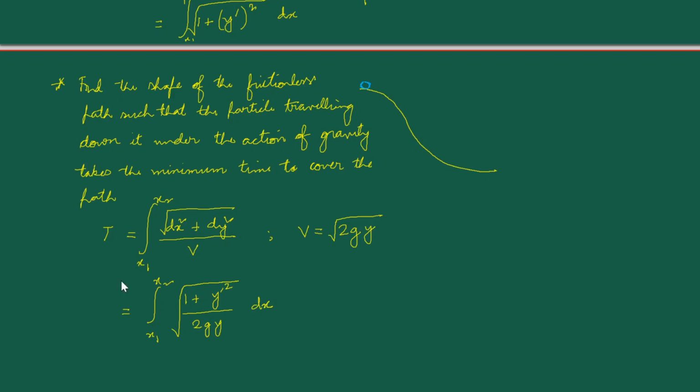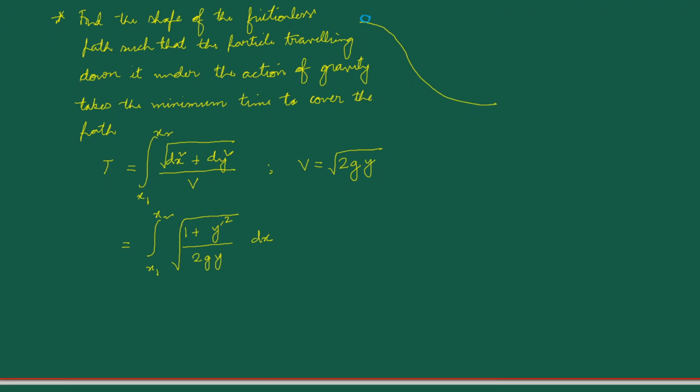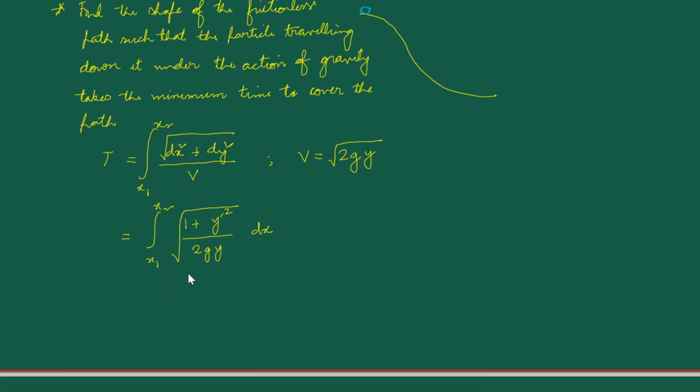So t is equal to this entire thing. We have to find the minimum t. Again, we are not going to go into the exact method we use to find this minimum t. Rather, as I said, this setup we are going to use as motivation for studying the calculus of variations.